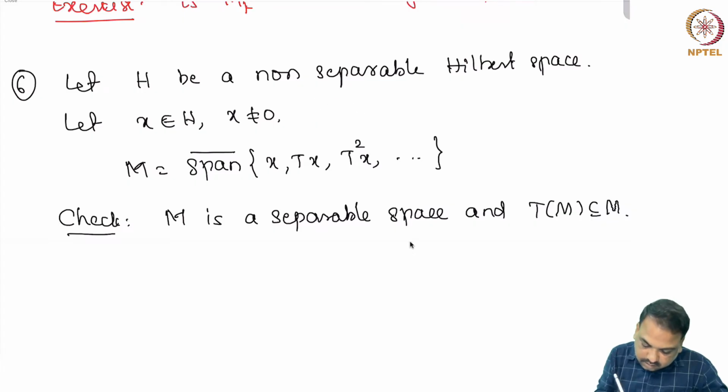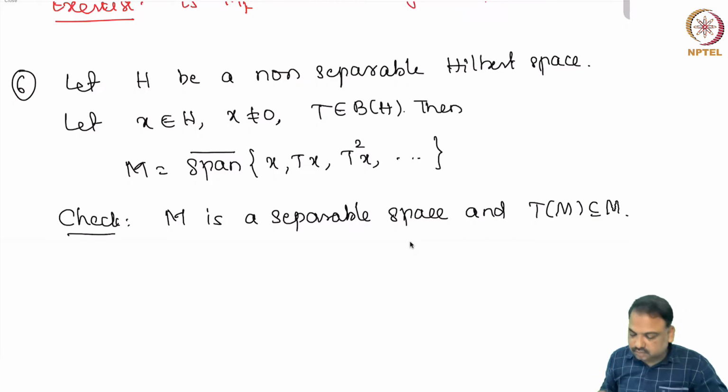We can show that T of M is contained in M. That is clear from the definition. When you apply T to M, you will get the span closure of Tx, T square x, T cube x, and so on. That is anyway contained in M.